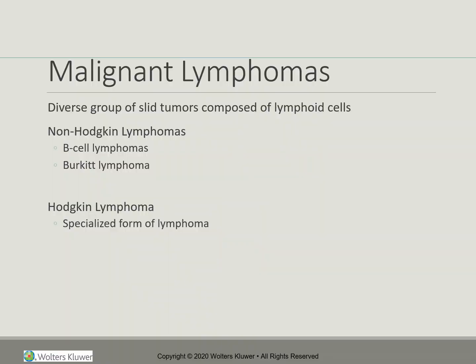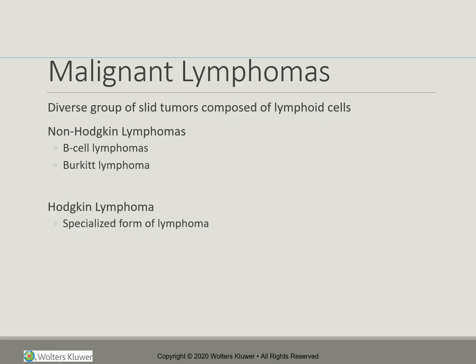We're going to start with the malignant lymphomas. This is a diverse group of solid tumors composed of lymphoid cells. Remember, the lymphoid cells were those B and T cells. We'll start with non-Hodgkin's lymphomas, and these are things like B cell lymphomas.